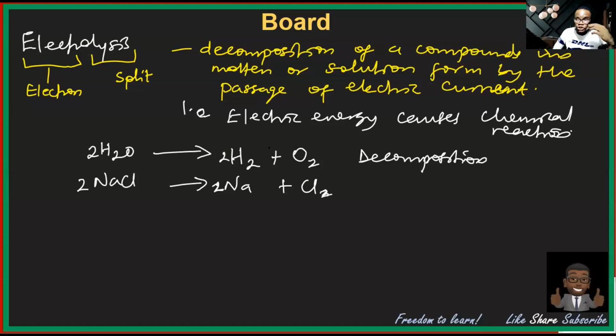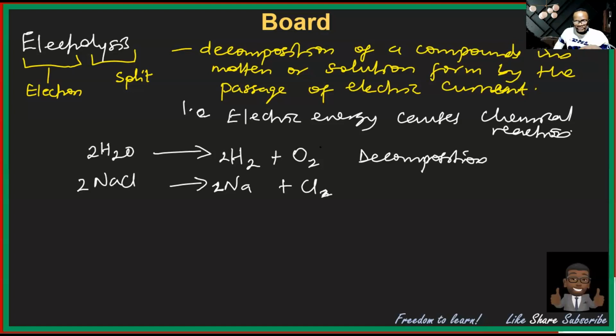In chemical changes, new substances are formed. If you look at water breaking down to hydrogen and oxygen, new substances are formed. Water is different from oxygen, and hydrogen is different from water. In fact, they have opposite reactions. Oxygen supports combustion, but water extinguishes fire. So you can see that a new substance is formed.